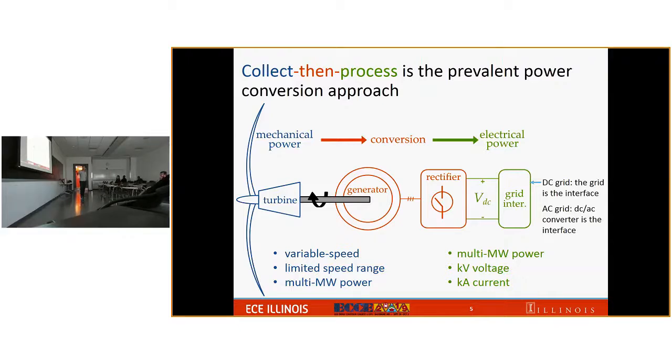Looking at the requirements, the wind turbine needs to operate at variable speed in a limited speed range, and it needs to deliver multi-megawatt power. This power needs to be delivered to the grid, so the grid also needs to absorb multi-megawatt power. At this power level, we foresee kilovolts of voltage and kiloamps of current.